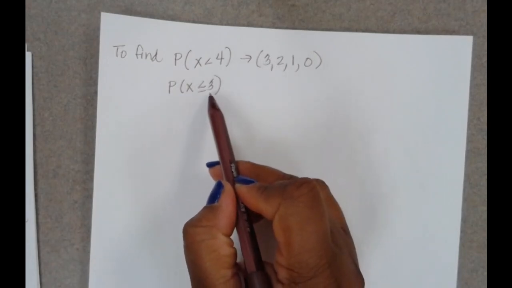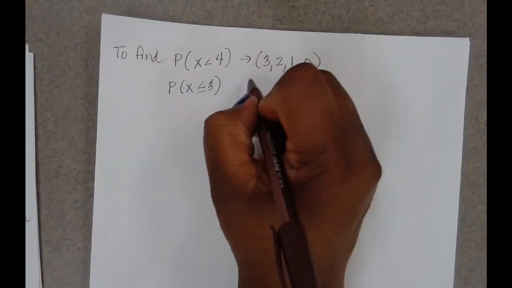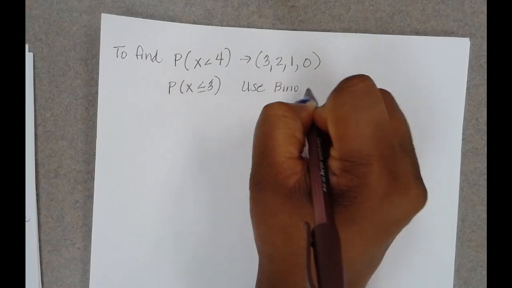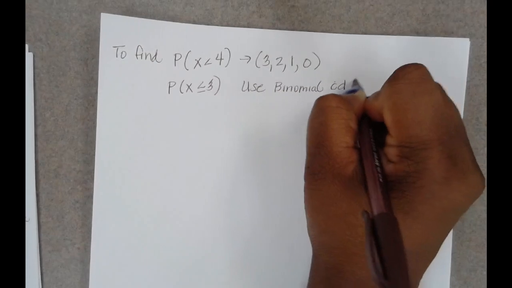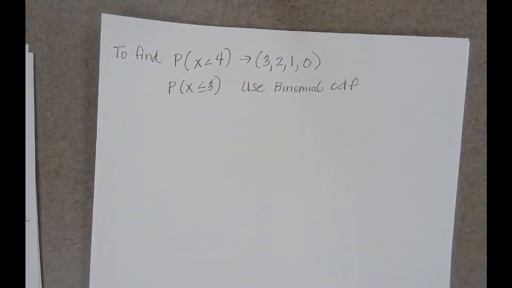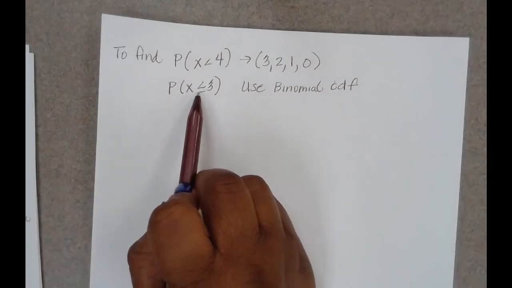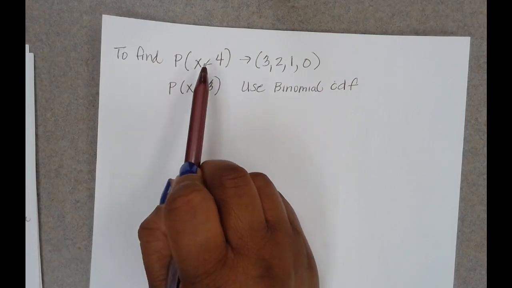I can use the CDF function in the calculator. So use binomial CDF. Let me think back to how I got here. Well, this is what I was asked to find: X is less than 4.